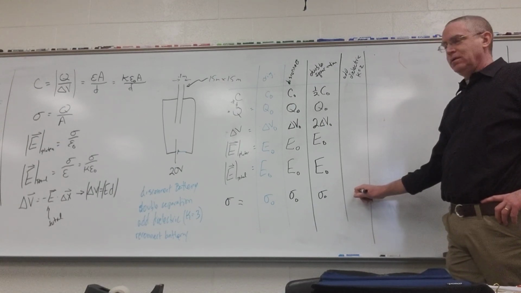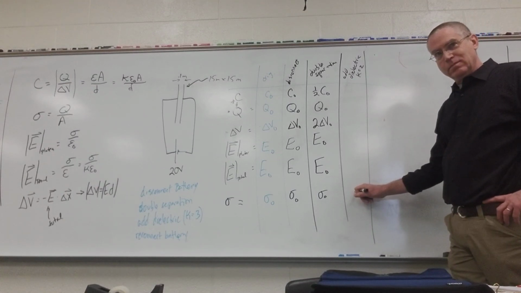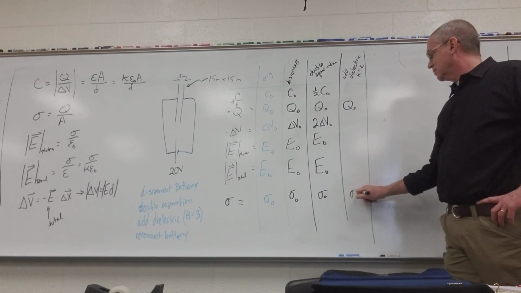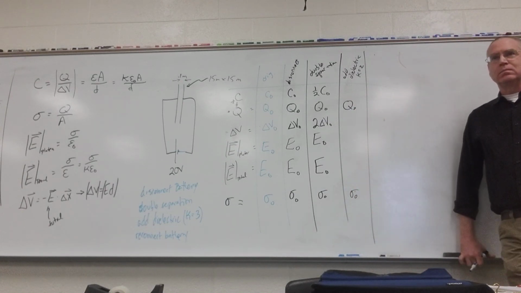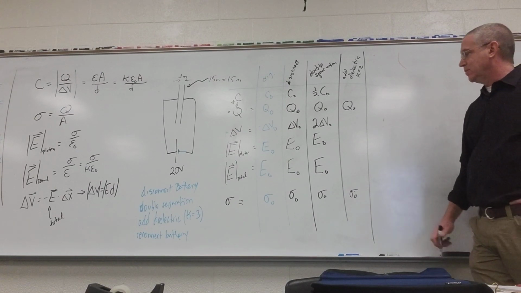Because it's just charge divided by area. Yeah, just charge divided by area. And then so charge would stay the same as well. All right. And because of that, then the electric field of the plates would stay the same. Okay.